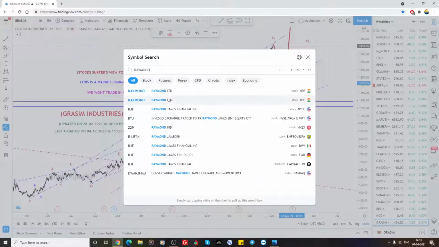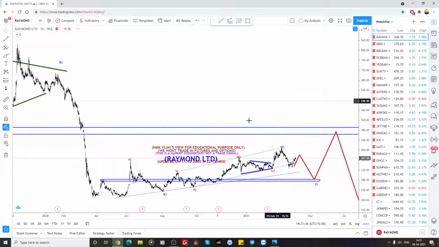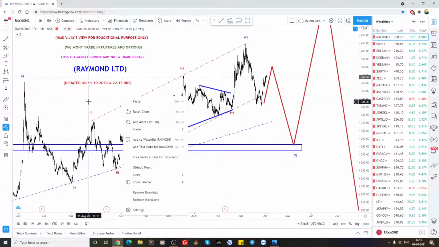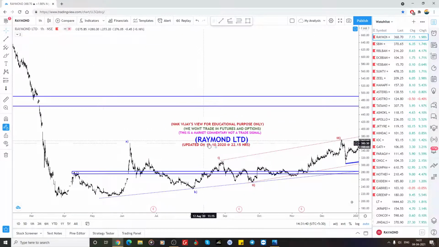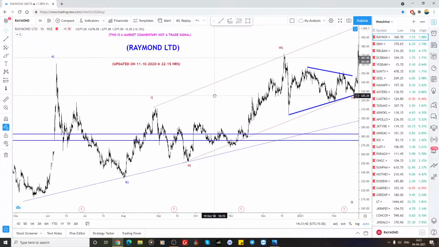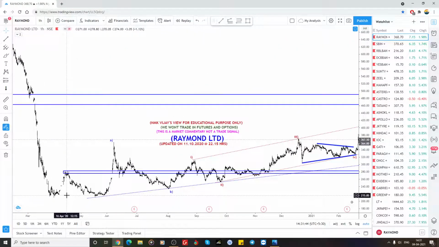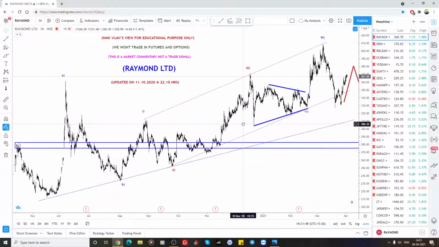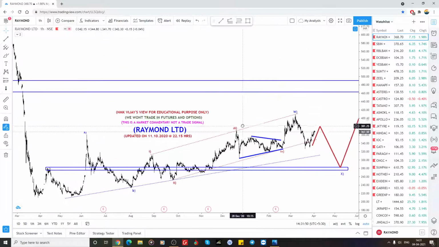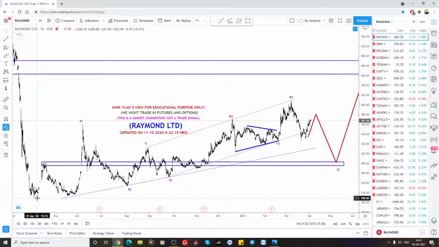So Raymond also, I have changed the wave count. You can go and view my previous one. I expected that this could be a leading diagonal from the low, but that wave formation is not so satisfactory.